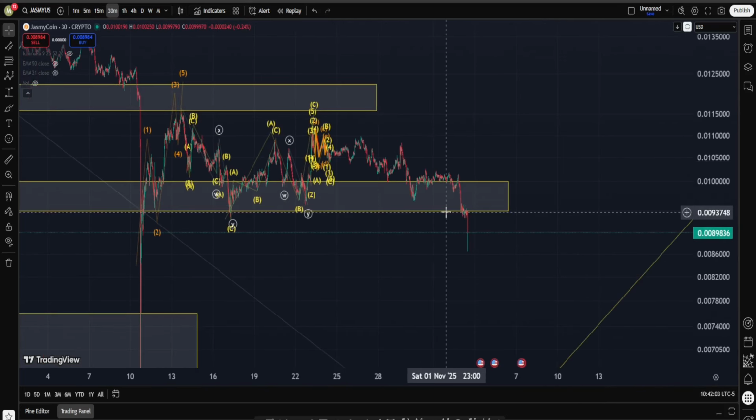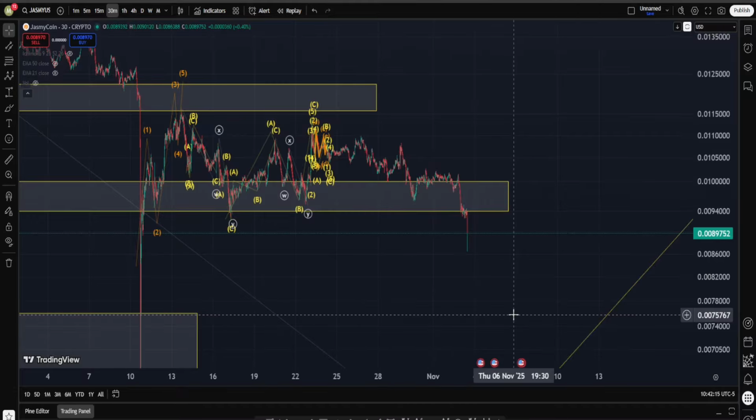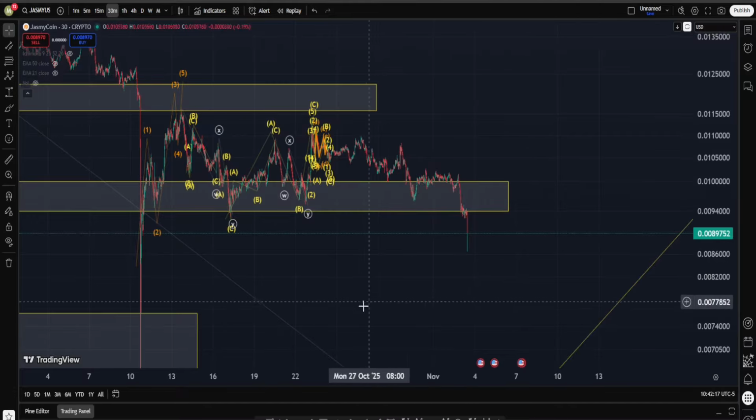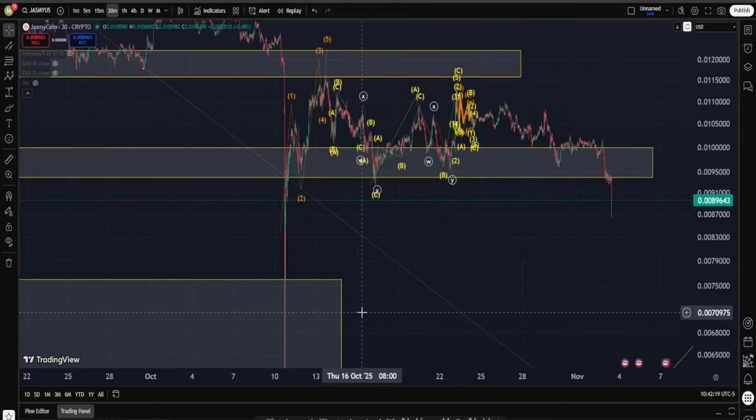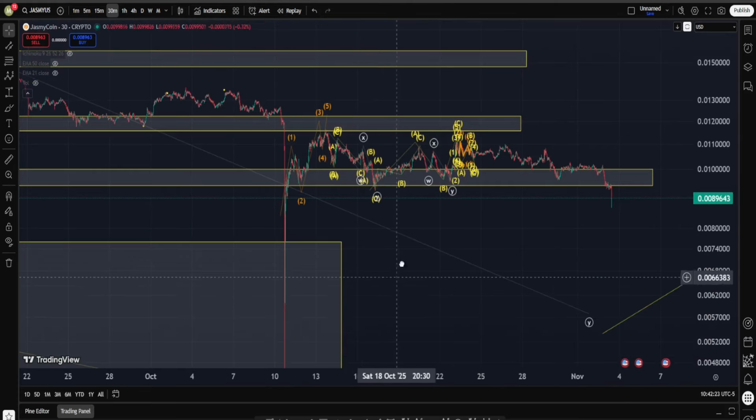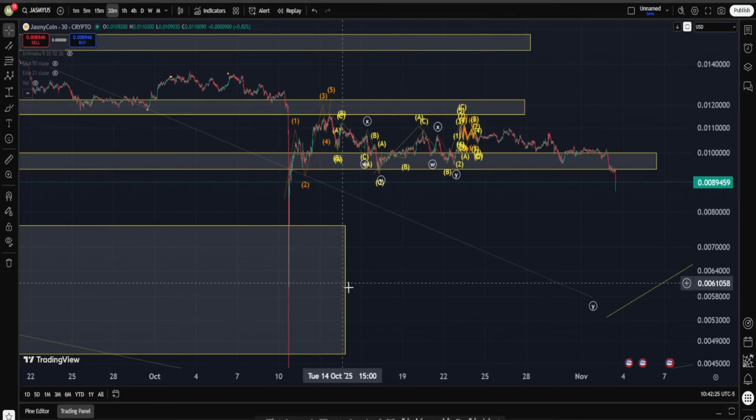Point number two, the reason for why I care about this so much is that under here, we really do not have a whole lot of strong support. And God forbid, if we get a break of this thing, our move down at that point, who knows, if we are not that lucky, might continue. And in that phase, we may reach the next important level, which is actually a wide cluster of support areas between, let's say, 0.46 to about 0.477 of a cent.